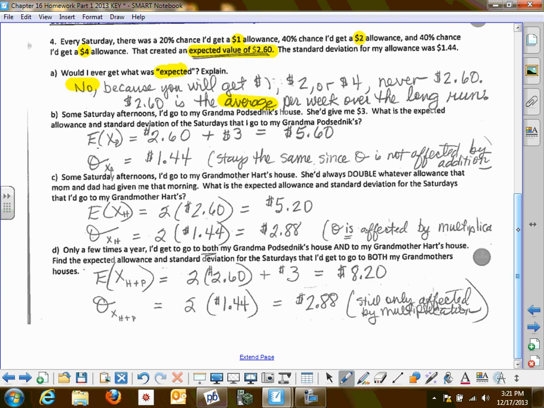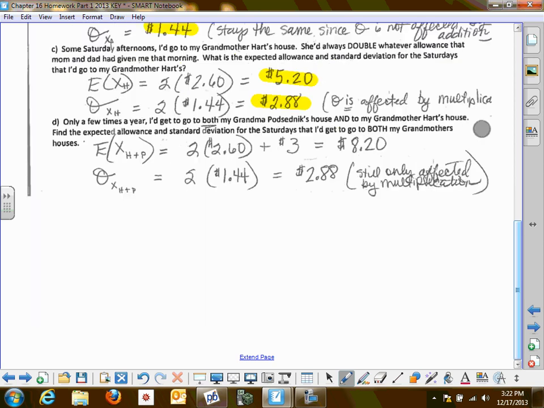All right, so these days that I go to my grandmother Podsednik's, my grandma Podsednik, she gives me that increase. That's a mean of 560, and the standard deviation stays the same because it's just adding. Part C, when I would go to my grandmother Hart's, she would double what my parents would give me. That affects the mean and the standard deviation. Now, Part D is asking for both of those events to happen.